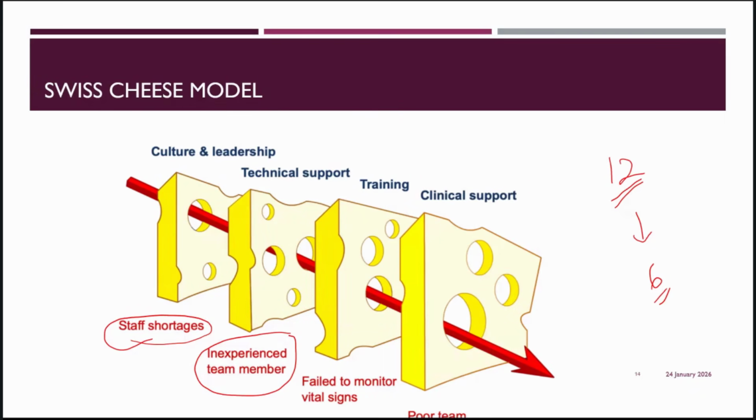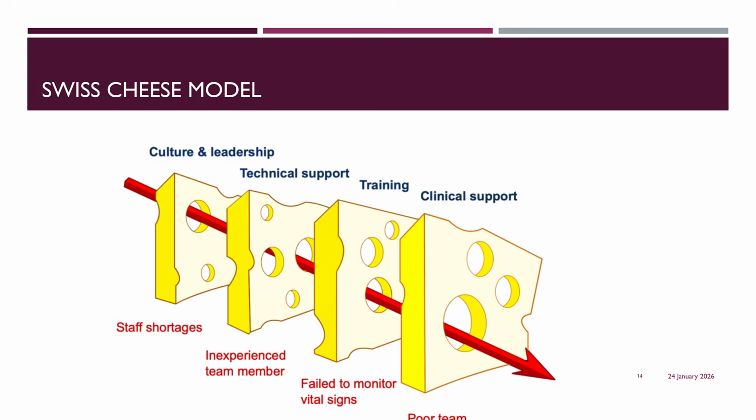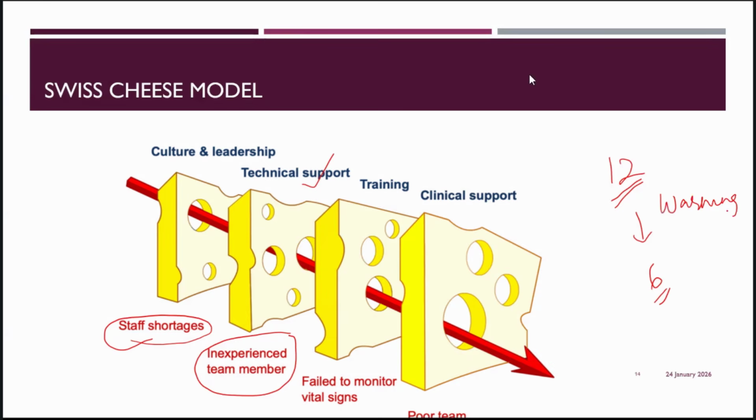There is technical support failure. If you have not given them proper training, they will not be able to monitor the warning signs. In well control we have warning signs that appear before the kick comes and before the blowout happens. There are many warning signs which the well gives you.